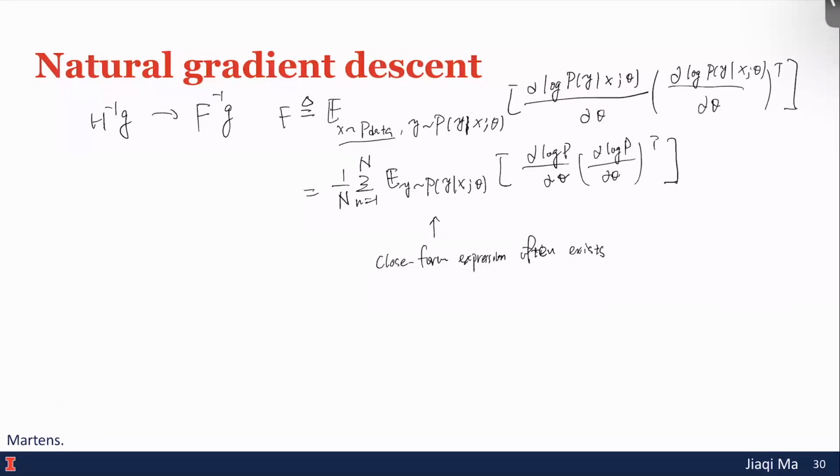So another matrix, called the empirical feature, which is defined as 1 over n, summation over n, partial log p(y|x; theta), partial log p(y|x).